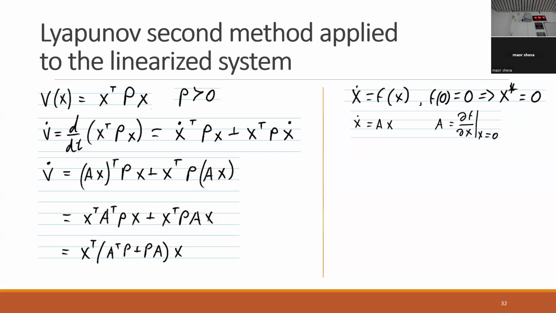And we can take out the x transpose from the left and x from the right. And we have here in the parentheses A transpose P plus PA. And we want to see if this, which is V dot, is negative.